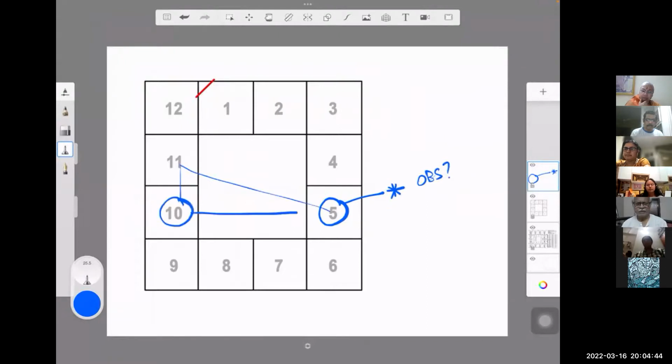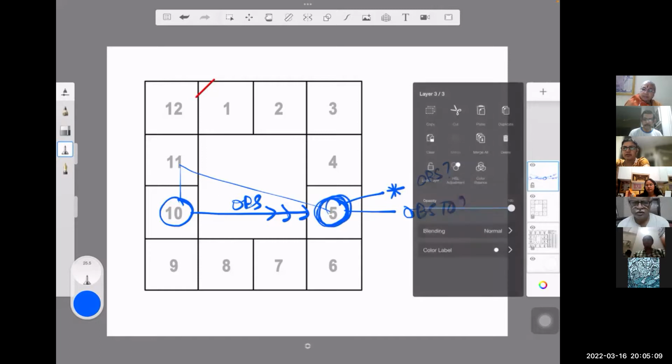This is the obstacle to this fellow, correct? This fellow is hitting him, obstacle. Correct? Understood? But this fellow is the obstacle to which one? Sorry, I did it the wrong way round. One minute.